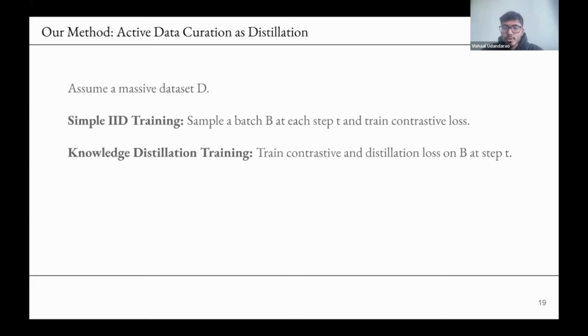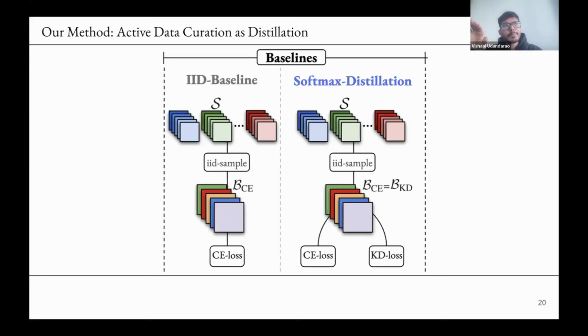If you do have access to the teacher, what one could do is take exactly the same setup as simple IID training, but at each step, instead of just training on the contrastive loss, you would train a distillation loss as well, which would essentially minimize the divergence between what the teacher at that step thinks the logits are supposed to be and what the student thinks the logits are supposed to be. I'm going to skip over the details of the exact KD loss we use, but in some sense, this is very standard. This is doing logit matching over the teacher and the student distributions.